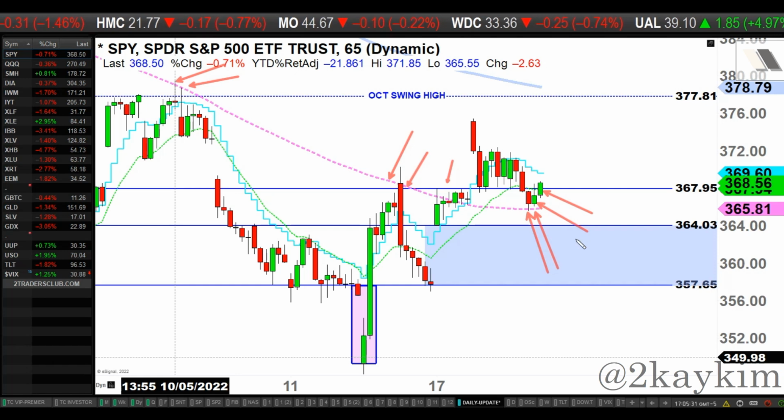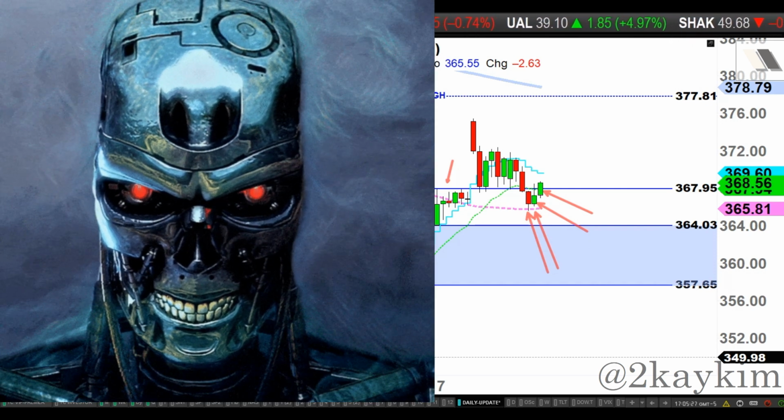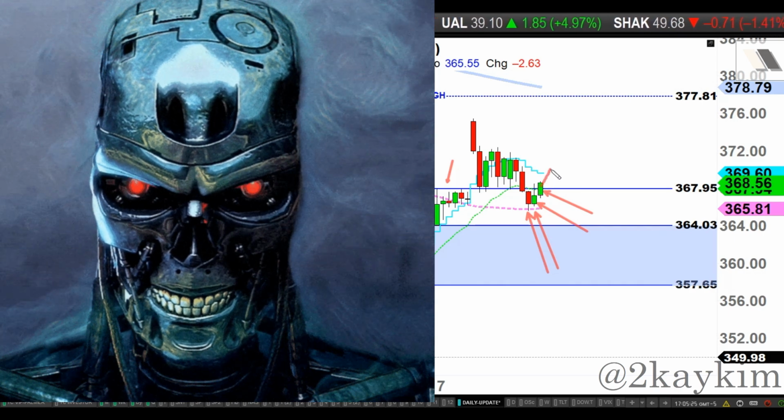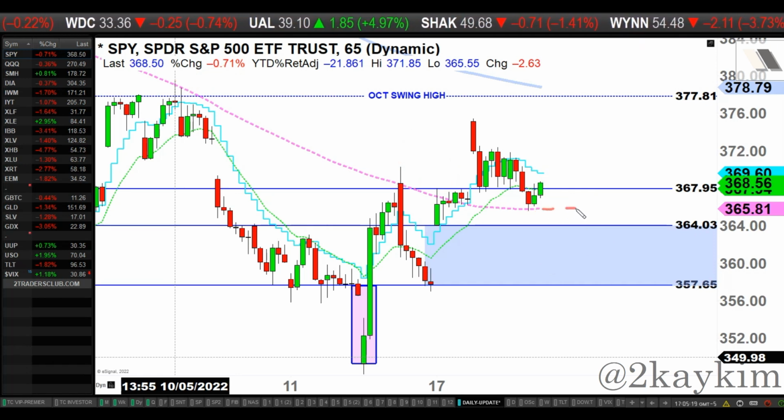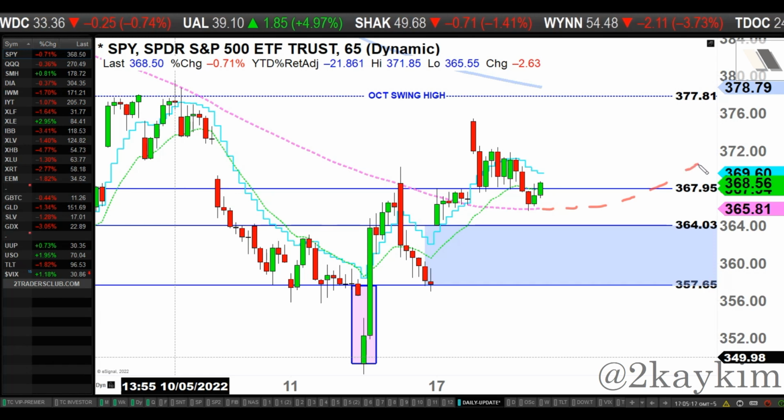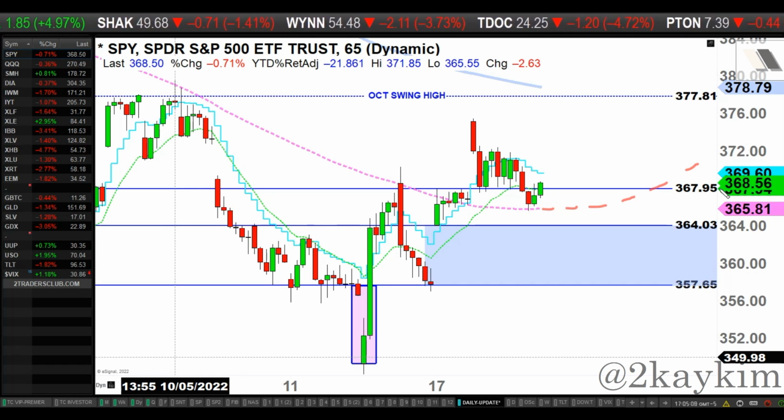Bears, obviously, do not want to see buyers reprogramming that midterm moving average to support the bulls' cause, because if the buyers continue to push higher while that midterm moving average starts to curl up, then that midterm sentiment is going to slowly shift to bullish sentiment, and sellers do not want to see that.